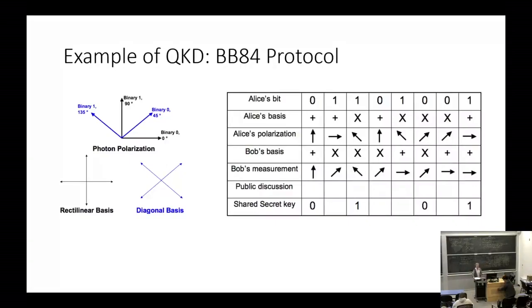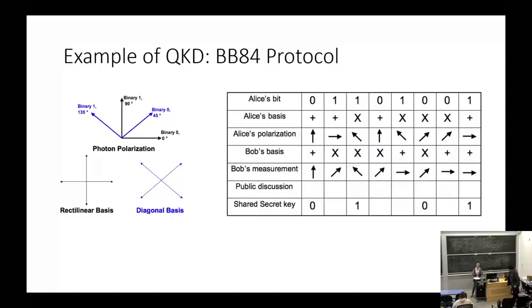She's going to transmit a photon for each bit with the corresponding polarization to Bob. For every photon Bob receives, he's going to measure the photon's polarization using a randomly chosen basis.